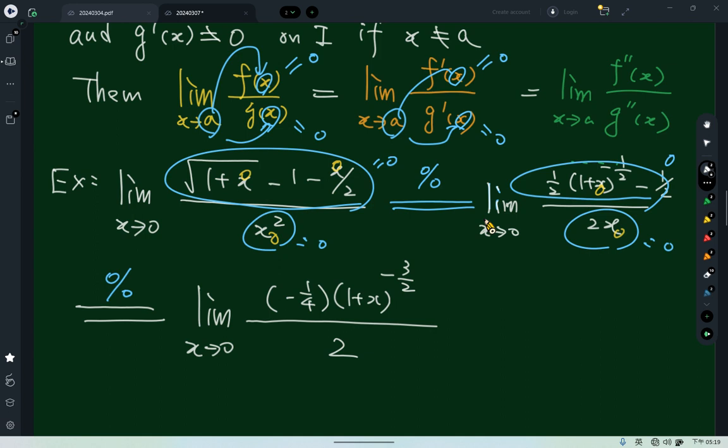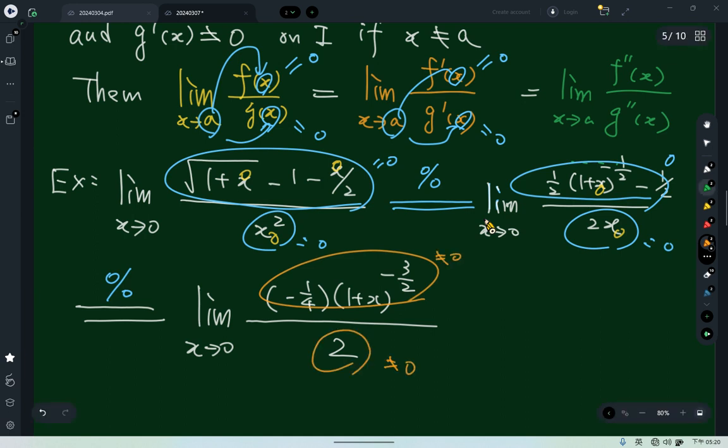Here I use 0 to replace x, and we get minus 1 over 4, then over 2. You can see this part is no longer 0 and the denominator is also no longer 0. So you can simply replace x by 0, and you get the result minus 1 over 8.